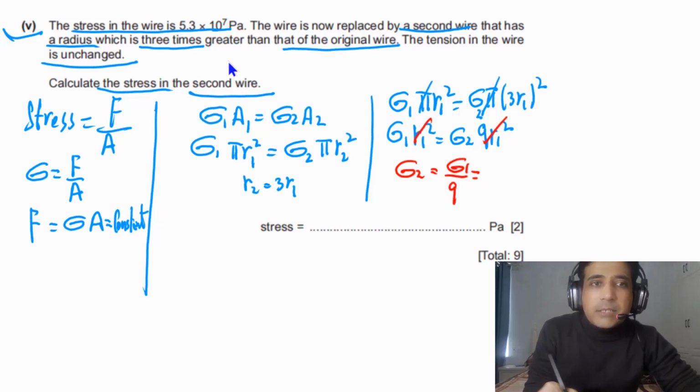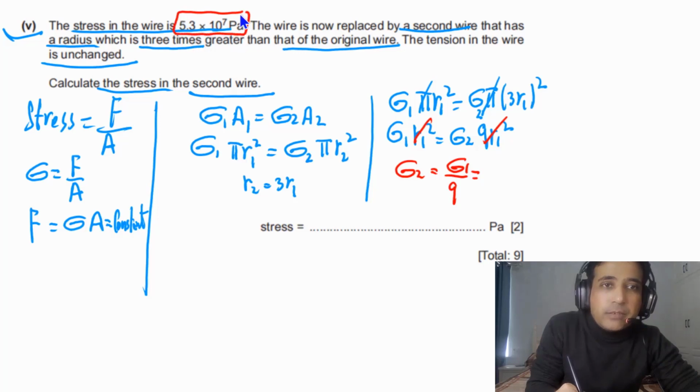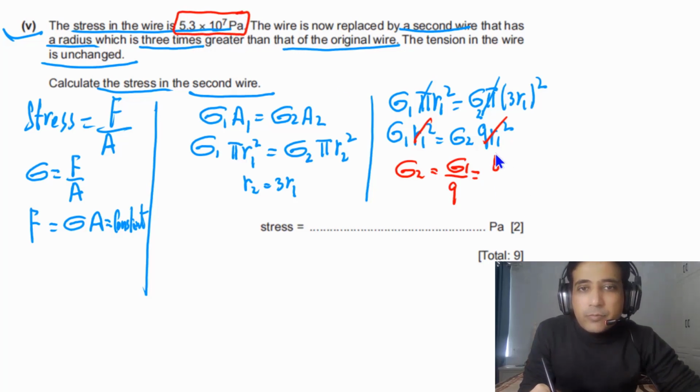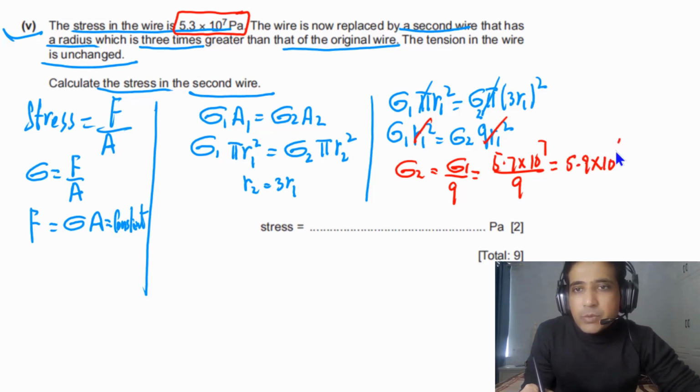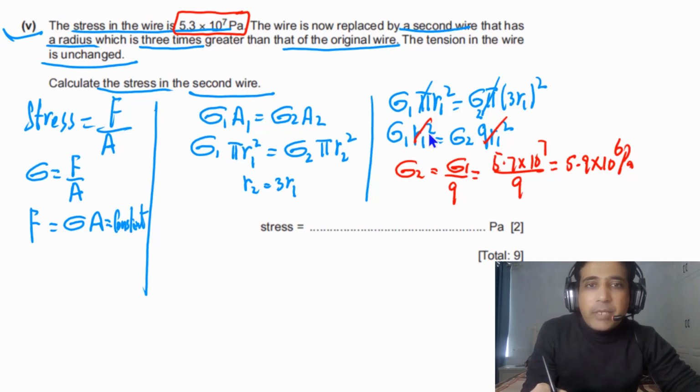Actually, sigma 1 is 5.3 times 10 to 7. Just divide by 9 and we can find our final answer, which is 5.9 times 10 to 6 Pascal, to 2 significant figures.